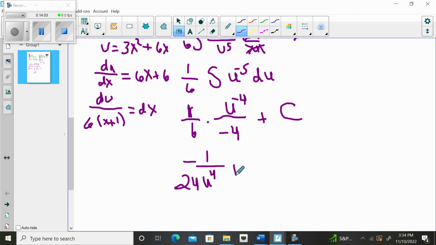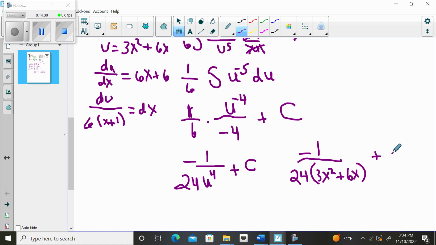And then I plug back in for u. So u was, let's see, negative 24 times 3x squared plus 6x. So if it's an indefinite integral, you get a function of x, and you have plus c.